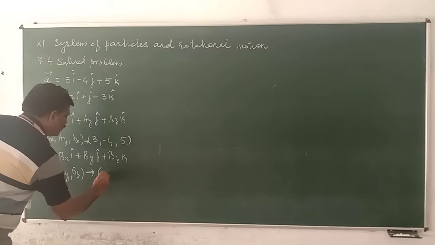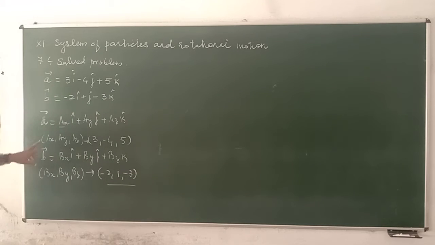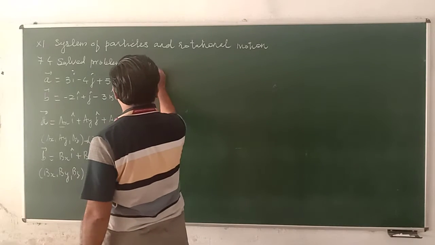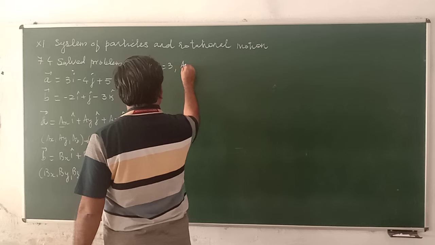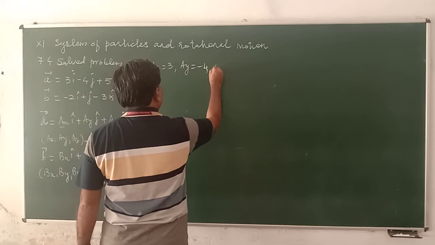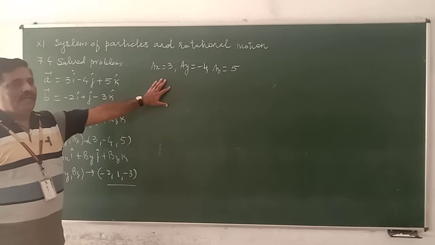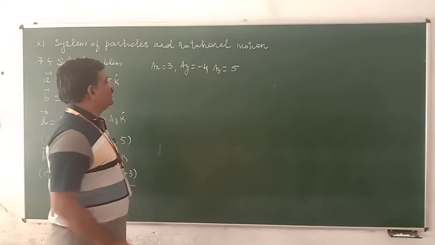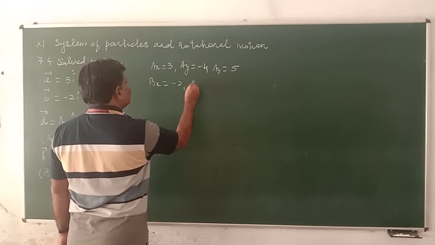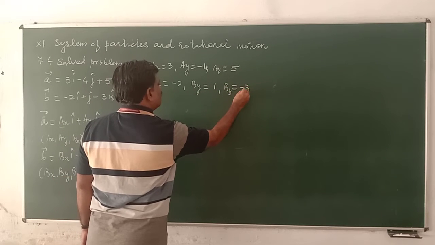From this one we get minus 2, plus 1, minus 3. By comparing, we can write Ax is equal to 3, Ay is equal to minus 4, Az is equal to 5. Similarly, Bx is equal to minus 2, By is equal to 1, Bz is equal to minus 3.